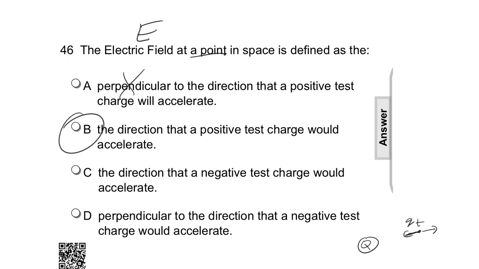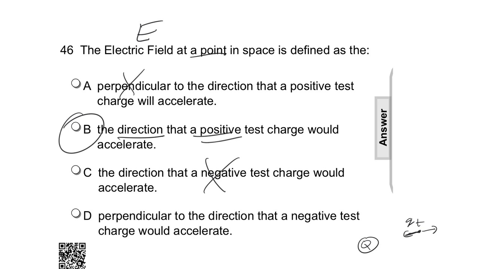So B is correct. It's not a negative test charge. That could happen. If I put a negative, it would accelerate. But by definition, the direction is for a positive test charge. So that's the direction of the field charge.